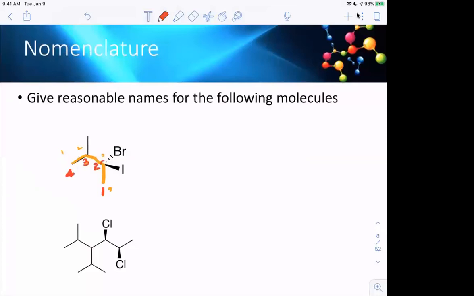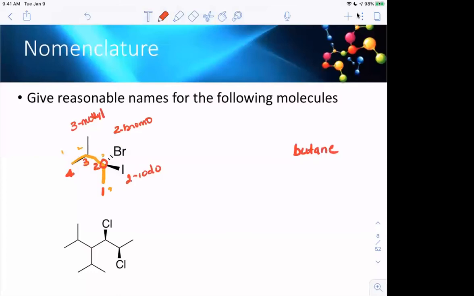Notice I also have a stereo center here. So let's call this, I have a 2 bromo, I have a 2 iodo, and I have a 3 methyl. Those are my substituents. My parent is butane.